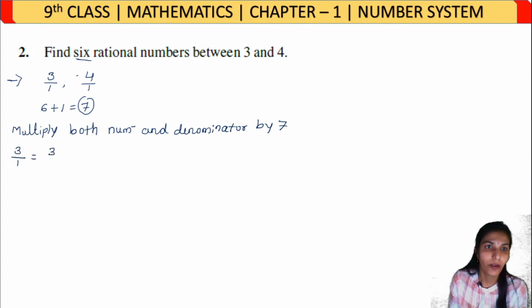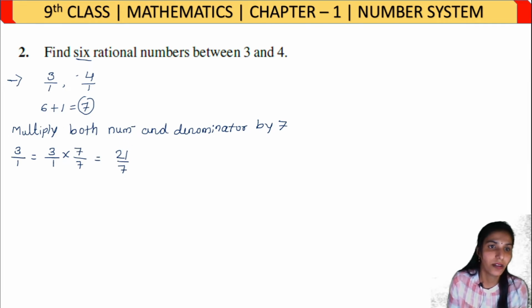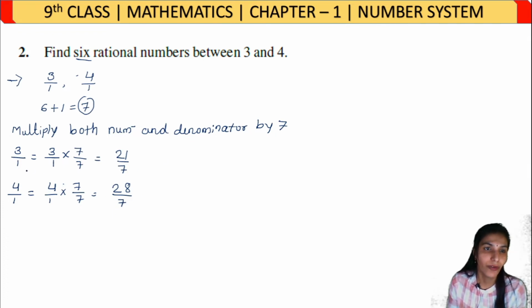I have to multiply 3 by 1 into 7 by 7. 3 sevens are 21, 1 seven is 7. So here 21 by 7 is nothing but 3 by 1. The next one, 4 by 1, into 7 by 7. 7 fours are 28, 7 ones are 7. So 28 by 7 is nothing but 4 by 1.